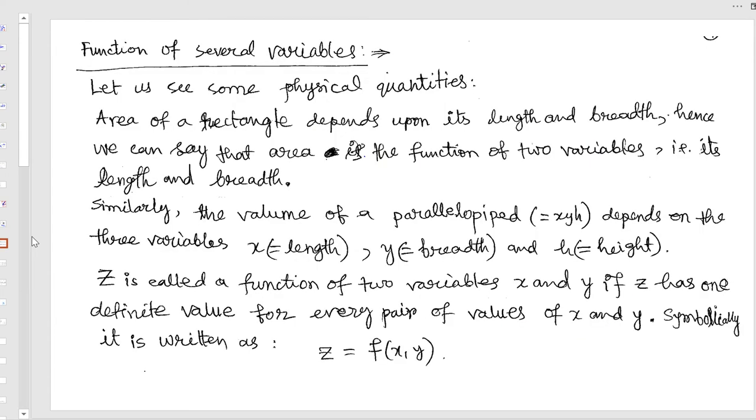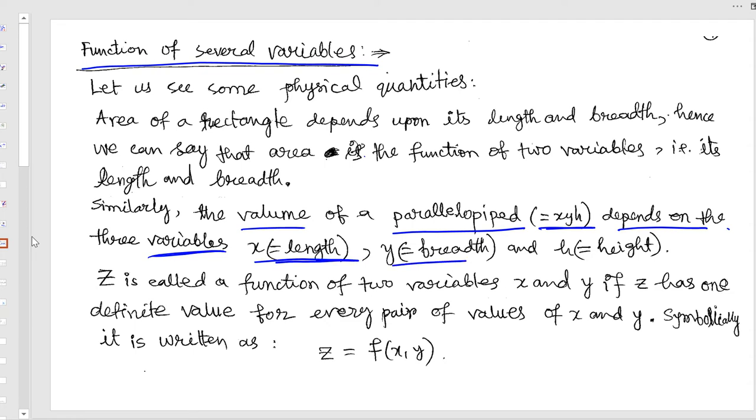Okay. So let us formally define a function of several variables. As we have mentioned already, if you think of a parallelepiped, then the volume depends on the three variables x, y, and h, where x is the length, y is the breadth, and h is the height. Now z is called a function of two variables if it depends on x and y.